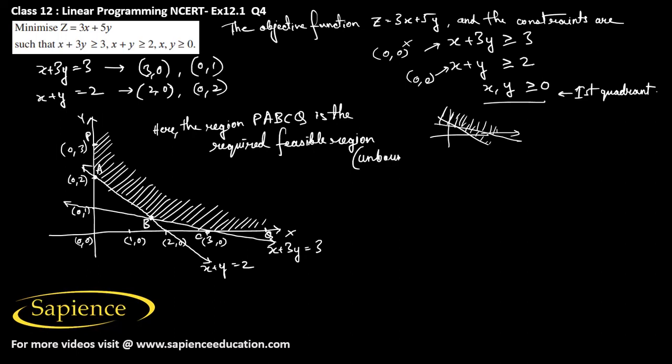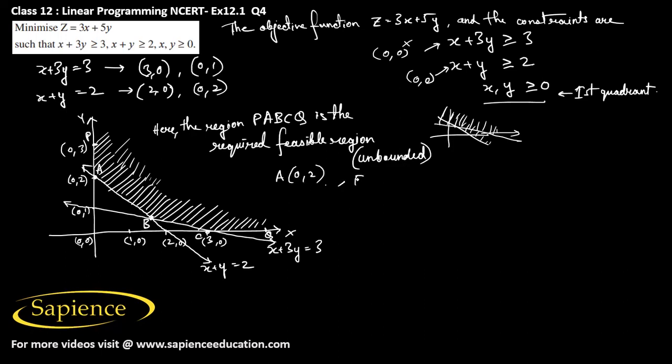It is an unbounded feasible region, since this region will extend towards infinity, and it cannot be enclosed within a circle. Therefore the point A, that is 0, 2, and we need to use the corner points.